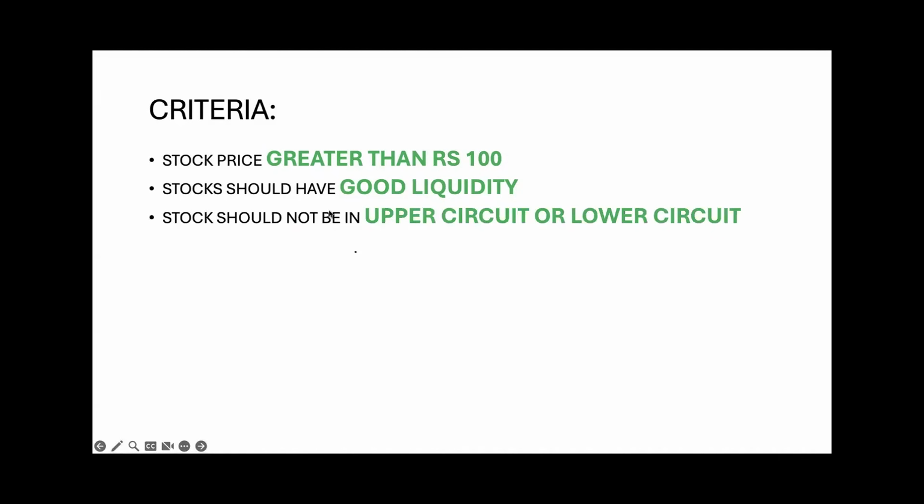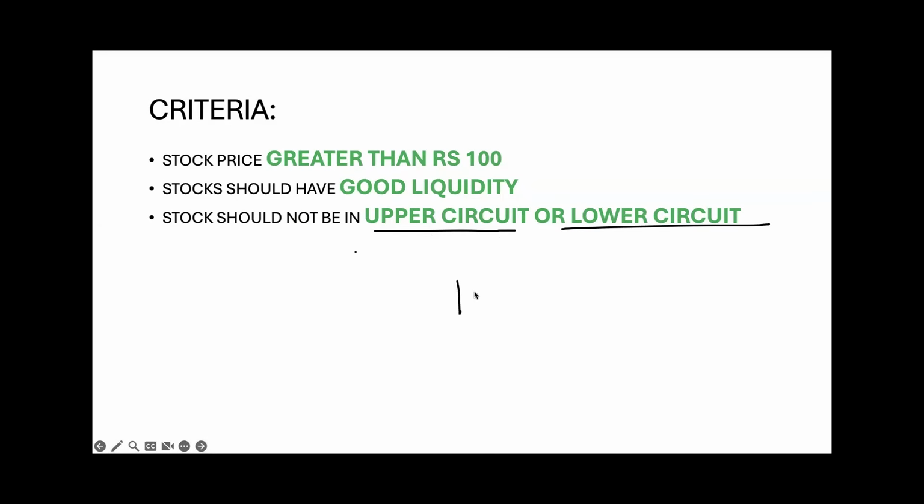Now the next criteria is that the stock should not be in upper circuit or lower circuit. Many people may not be aware of this. Some stocks will have an upper circuit and lower circuit, maybe 5% or 10%, something like that.